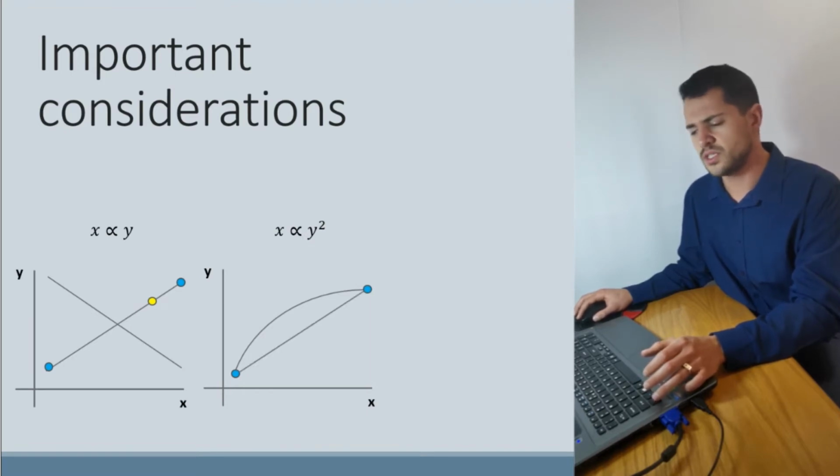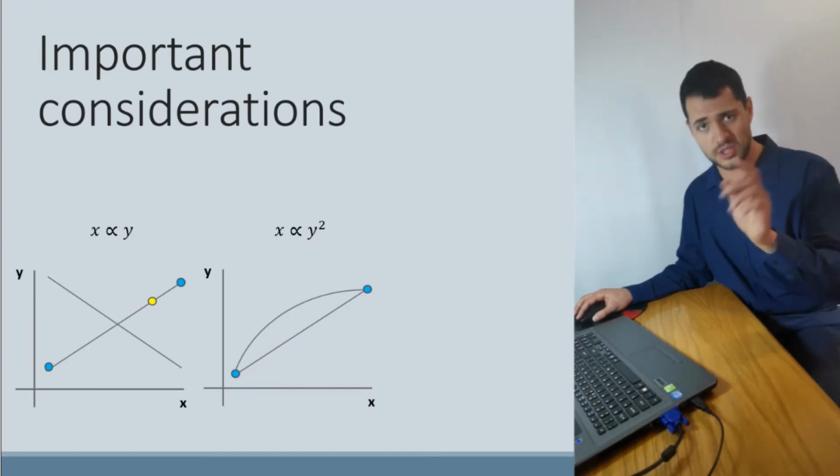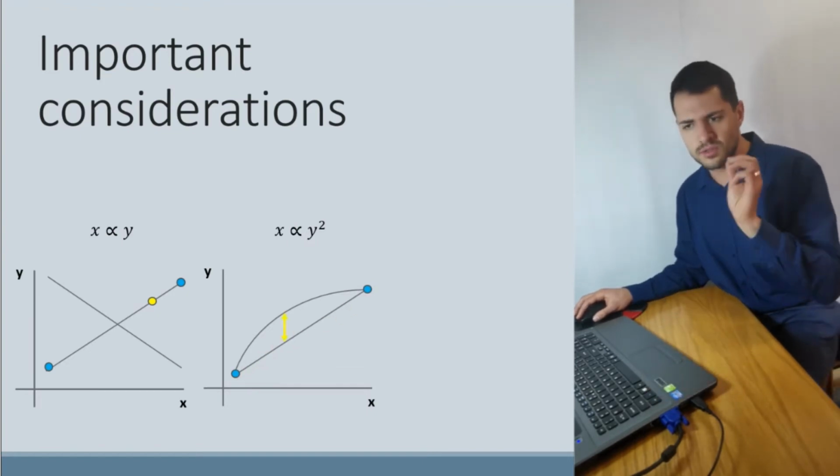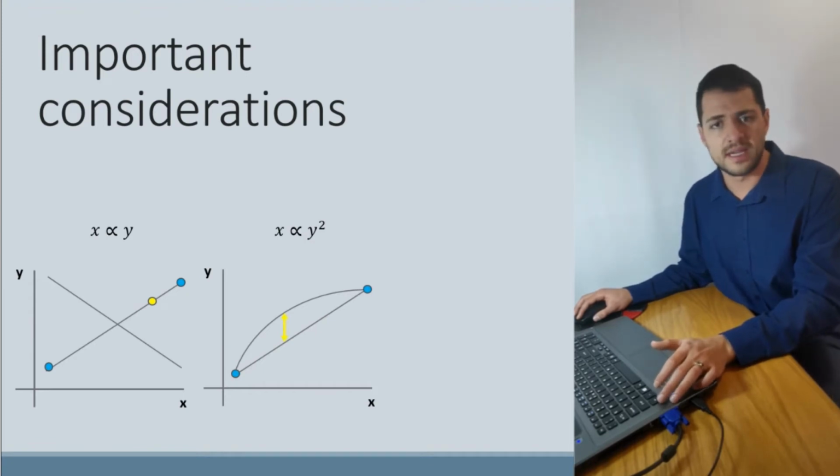And what we just need to know is, suppose I want to determine a data point between the blue on this point and the blue on this side. If I want to establish a linear relationship between those 2 points, you need to know that you will have an error, right?